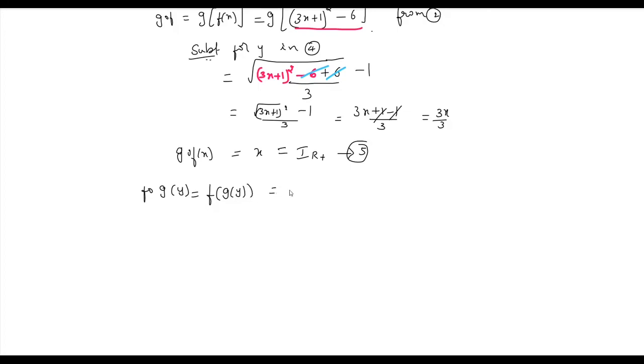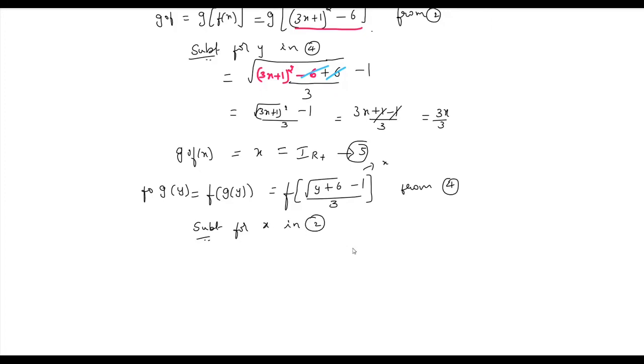So, let us write for g of y. What is g of y? Root of y plus 6 minus 1, whole divided by 3. How did we write this? We could write this from equation 4. We have substituted for g of y. Now, this is from equation 3, this is x. So, substituting for x in equation 2.